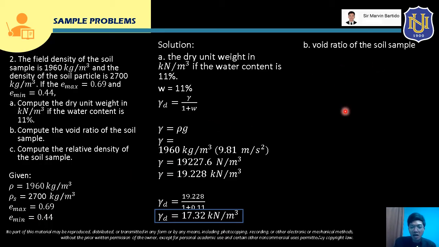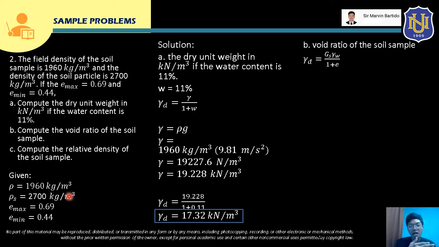Pero class, you will notice dito sa problem natin, may binigay dito na density ng soil particle. Di ba, class, yung density at saka specific gravity, actually meron din silang relationship. We know, class, na yung specific gravity equal siya doon sa density ng anumang material over density of water.